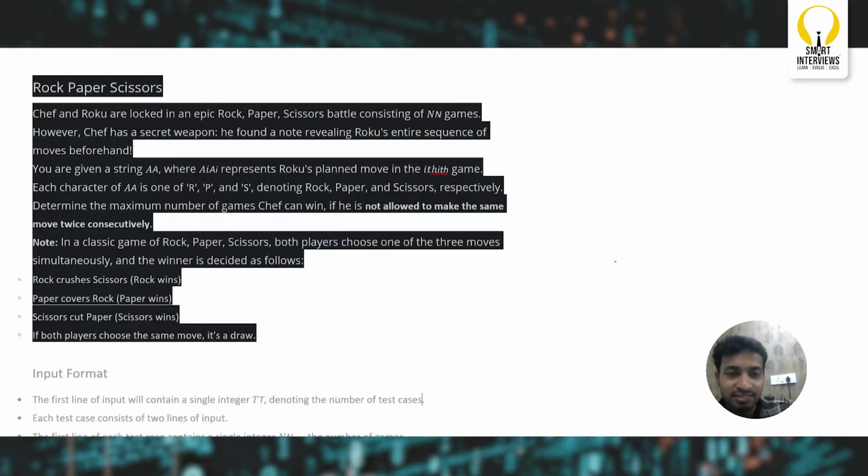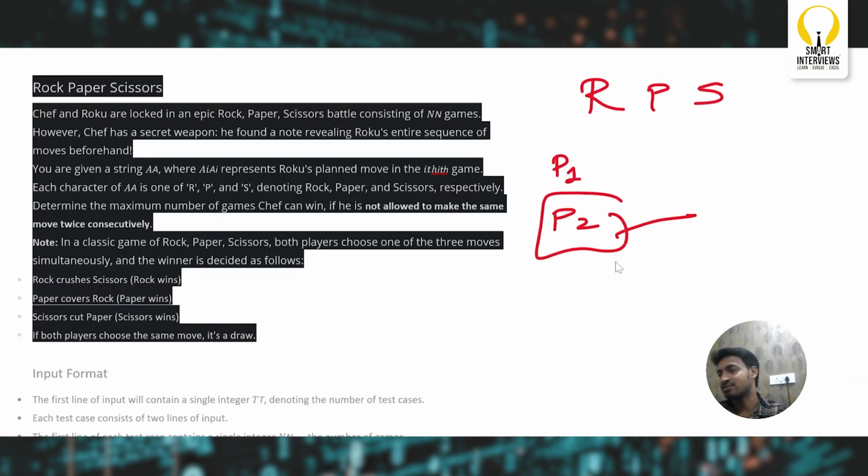Let's start with the next one. A simple problem. Let's say there are two players who are playing rock, paper, and scissors. Assume player one and player two. Let's say player two is a dumb player as of now. So what he did is, if there are n games overall, he has written all the n moves that he is going to make on a paper.